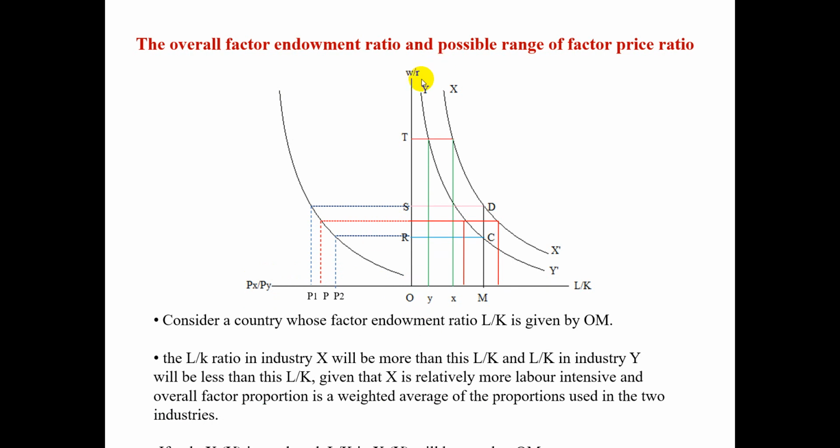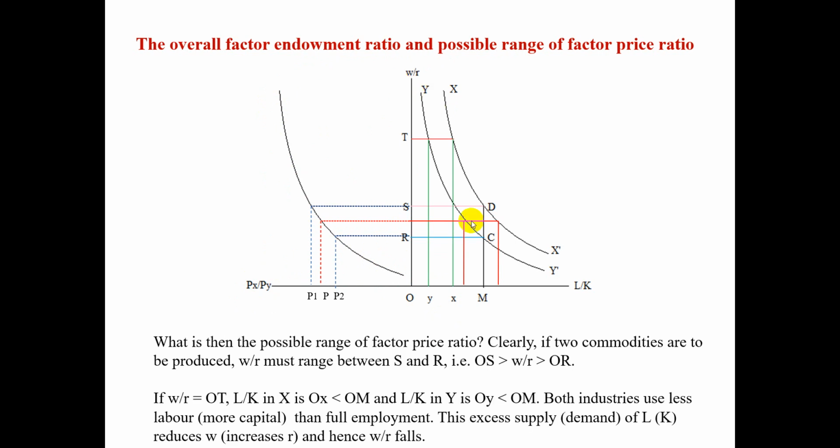On the vertical axis, we measure W by R. So in this quadrant, we depict the positive relationship between W by R and Px by Py. And here we draw the relationship between W by R and L by K in the two industries.